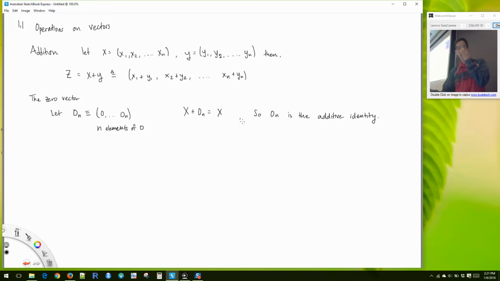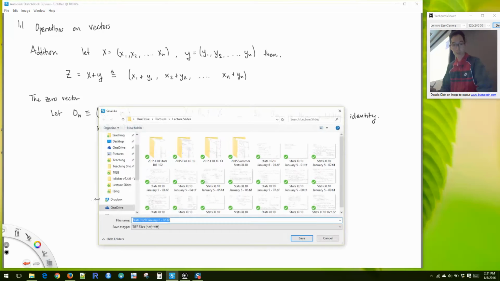Adding the zero vector leaves you with the original vector, which is not surprising. I think this is rather straightforward, but I guess it's good to define these things here.